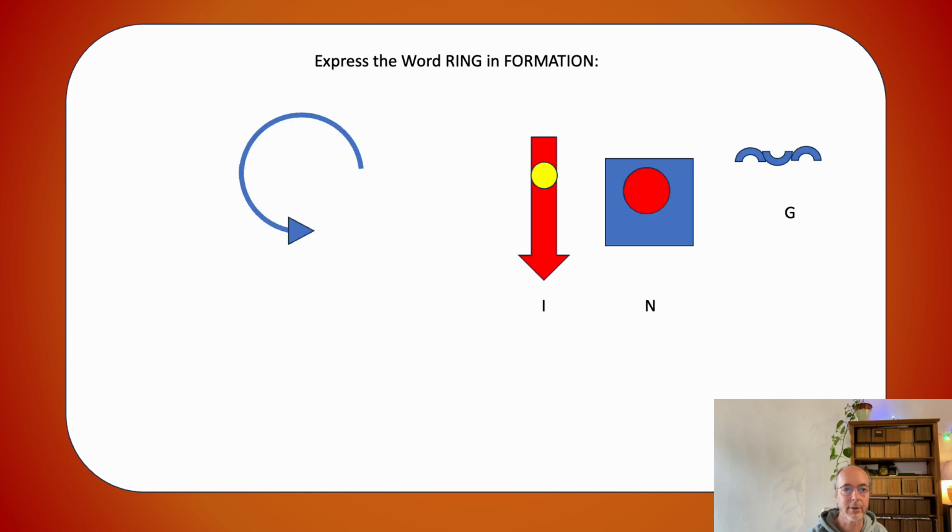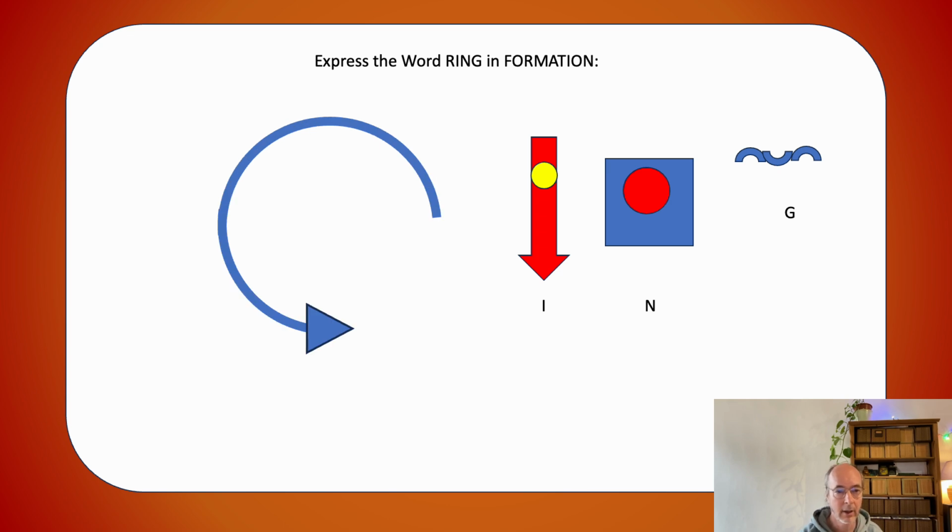Now let's express ring. So the R, as a form, is the turning around and interconnecting. So the interconnections will be connected, of course, with the E, the N, and the G. Let's make it a bit bigger.